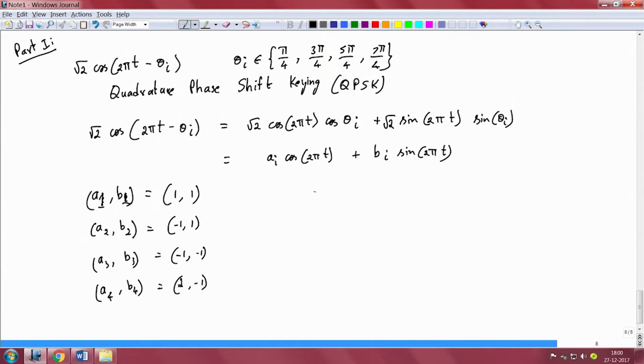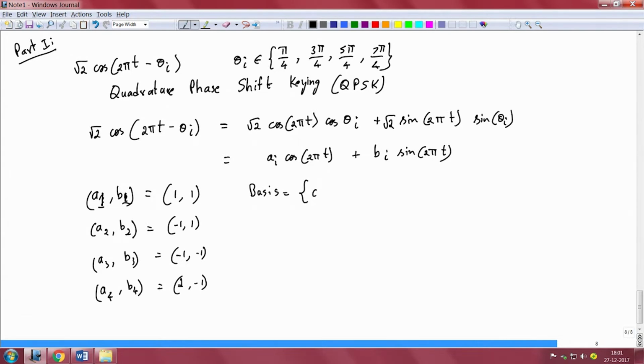And if you notice, this signal is written as a linear combination of 2 orthogonal signals, cos 2 pi t and sin 2 pi t. In fact, you can easily verify that cos 2 pi t and sin 2 pi t are normal signals also, that is, the energy in each of those signals is 1. So, essentially here we have the basis.